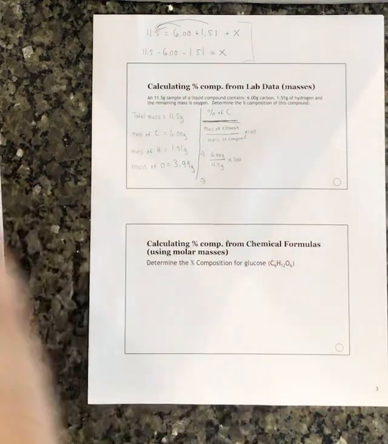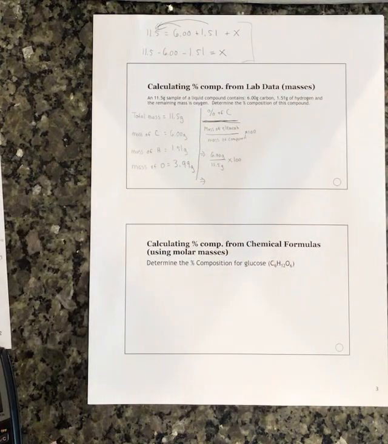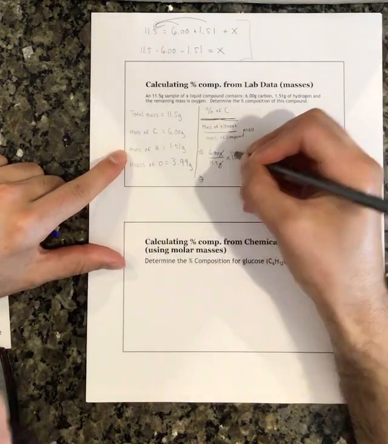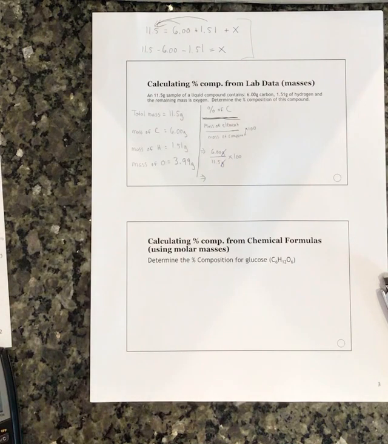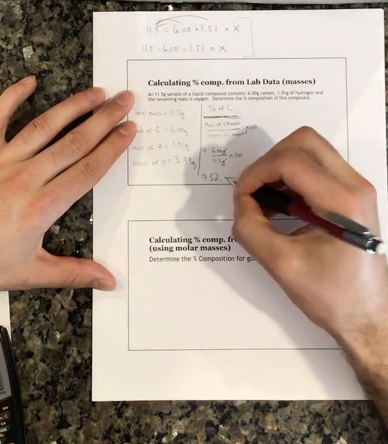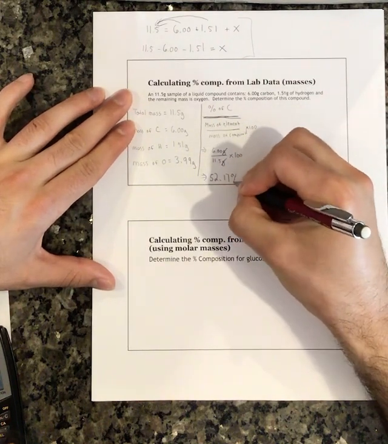As you'll notice, this is mathematical based, so we need to make sure we're canceling out units. Grams and grams will cancel out, and we'll be left with the percent. So if we do 6.00 and divide it by 11.5, you'd get 0.52. We're going to multiply by 100% and take 2 decimals, and I got 52.17%.